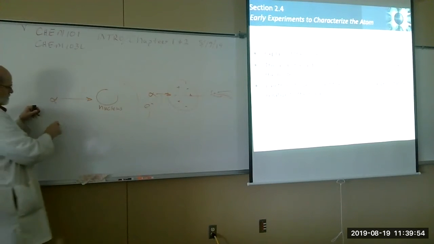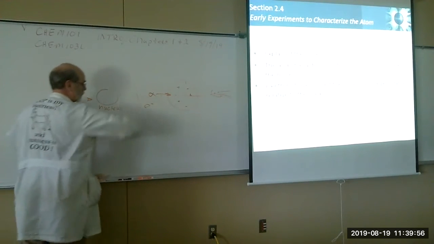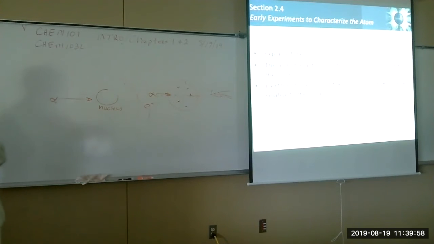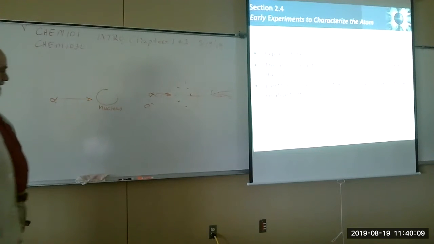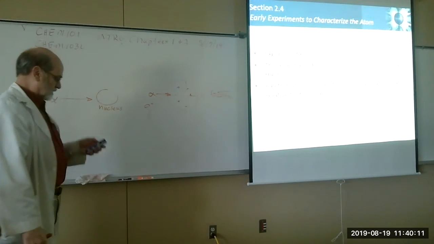And if it went between atoms like this, it just goes straight on through. Most of them went straight on through, right? Because most of the space in an atom is empty, or it has just electrons, which have very little mass and wouldn't slow an alpha particle down.